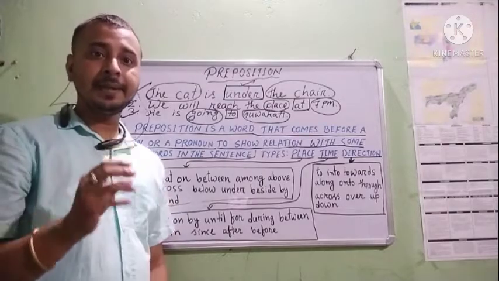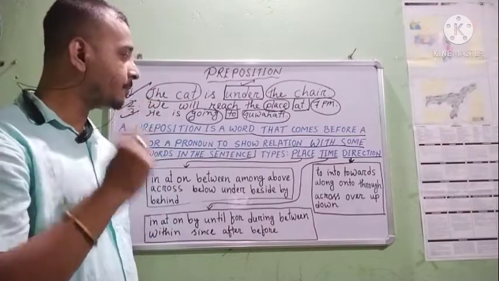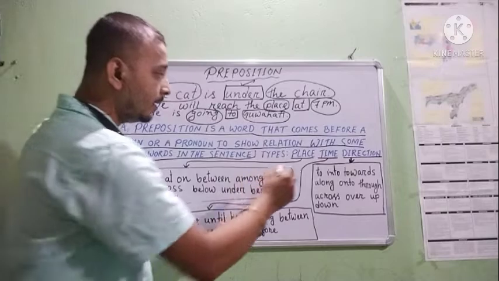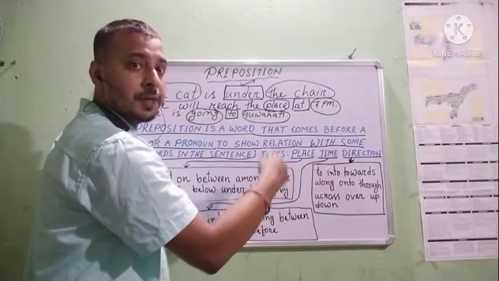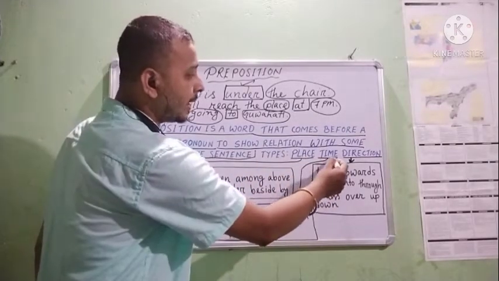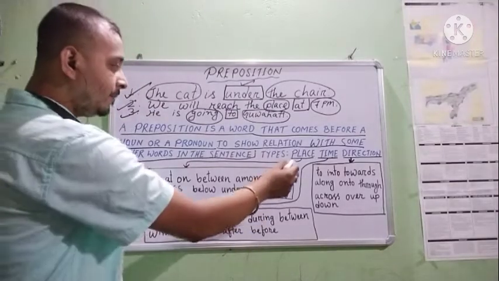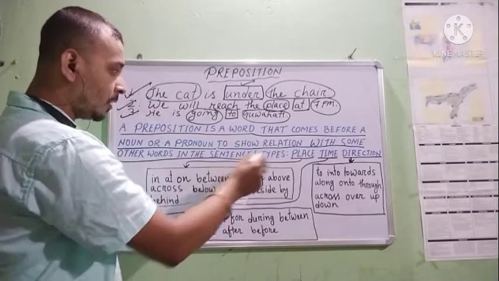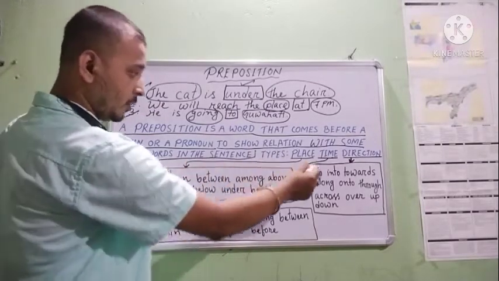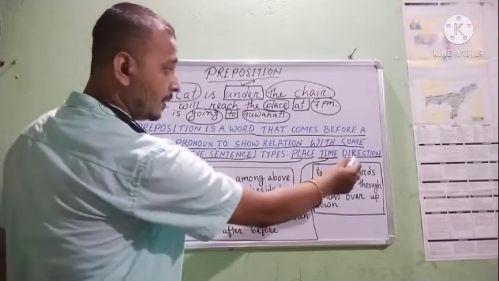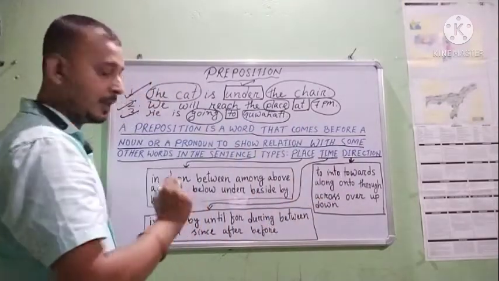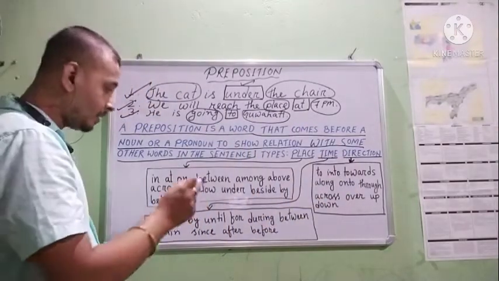There are three basic types of prepositions, and they are preposition of place, preposition of time, and preposition of direction. I have given you some examples of prepositions of place, prepositions of time, you can see, and prepositions of directions. Okay, one by one, let us read this.